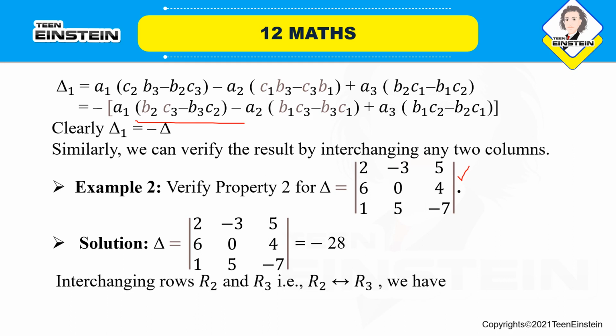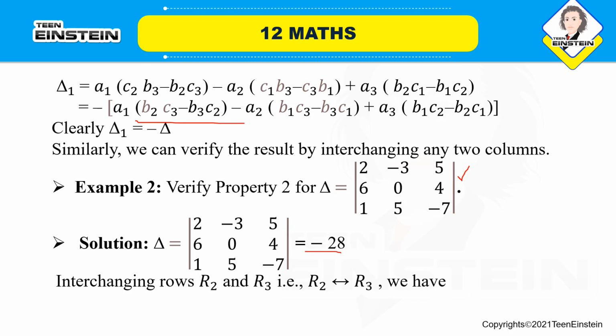We used this determinant to verify property number 1. So I am considering that value here directly without finding it again. It is minus 28, from example 1.